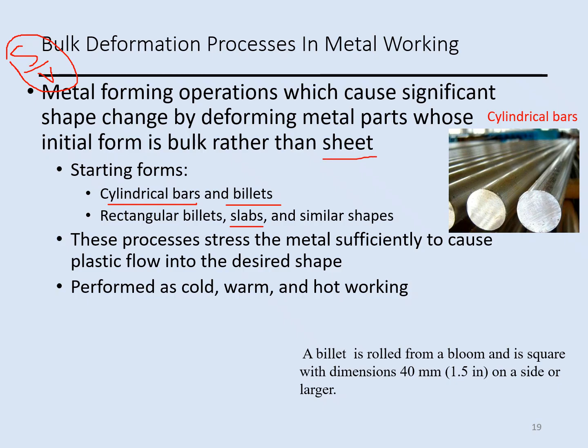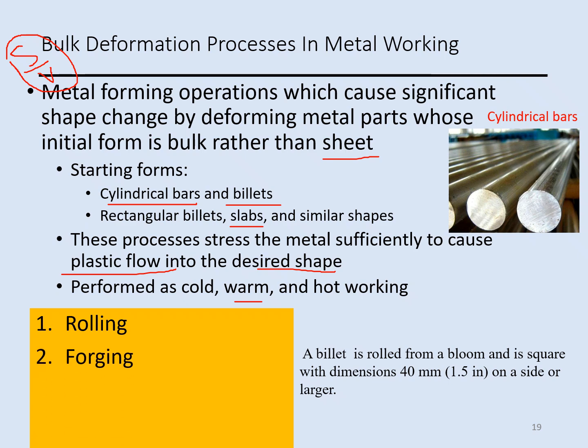We don't work with sheet metal in this process, and we need a large amount of force to cause plastic flow or plastic deformation until we get the desired shape. This process can be done at room temperature, cold or warm, or hot or high temperature. And we have a rolling process. We have forging under bulk deformation. We have extrusion, and the last one is the wire and bar drawing process.